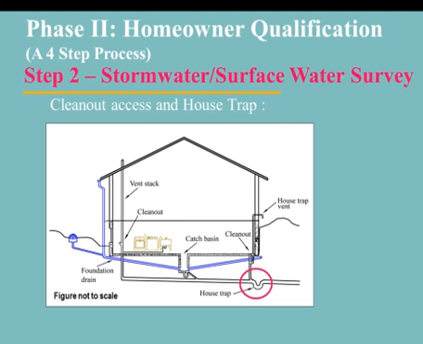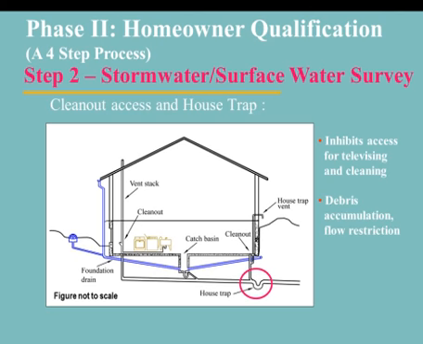House traps, with modern plumbing, everything should be vented out through the vent stack that goes up through your roof. It just causes problems, collects debris.